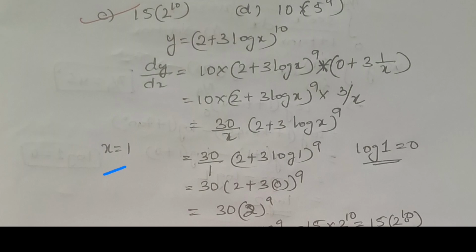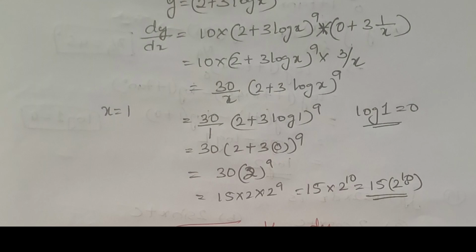Now just substitute the x value, 1, which is given in the question. Log 1 is equal to 0. So 30, with x substituted, (2 plus 3 log 1) whole to the power of 9. According to the formula, log 1 is equal to 0, so this term becomes 0.